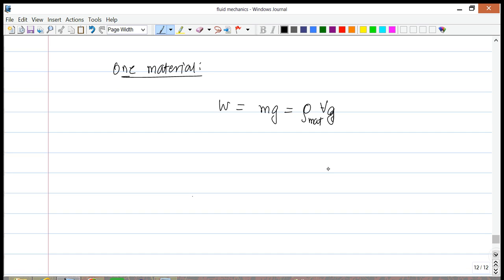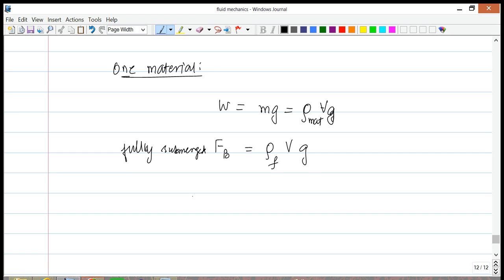Now the buoyant force on the object, let's assume that it is fully submerged, is equal to the density of the fluid times the volume of the object times g.